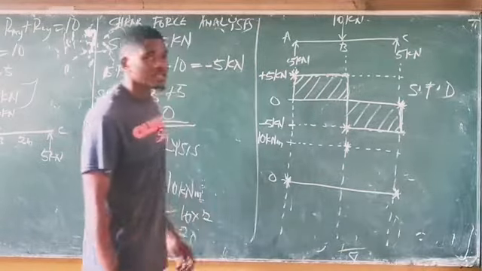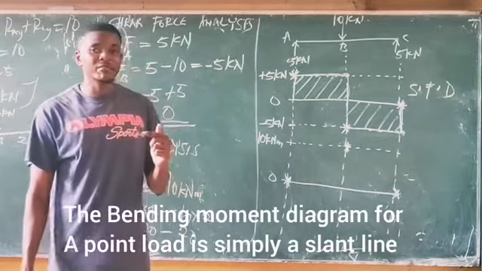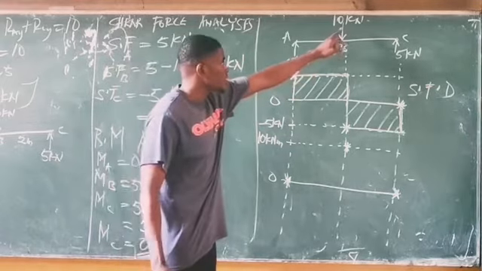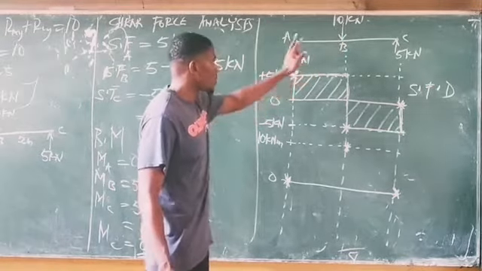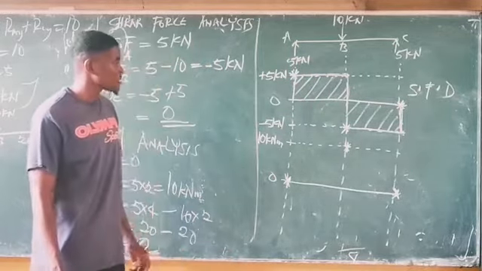Alright, so take note, the bending moment diagram for a point load is simply a slant line. Now, this is what we call a point load. A load that is acting either downwards or upwards is called a point load.